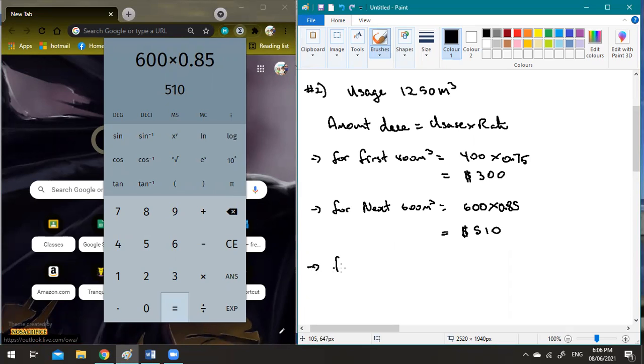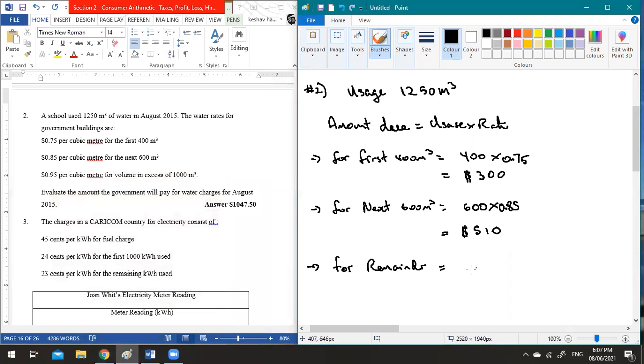And for the remainder, we have to figure out how much the remainder is, right? And the remainder will be 1250 minus 1,000 by the rate, which is 0.95.